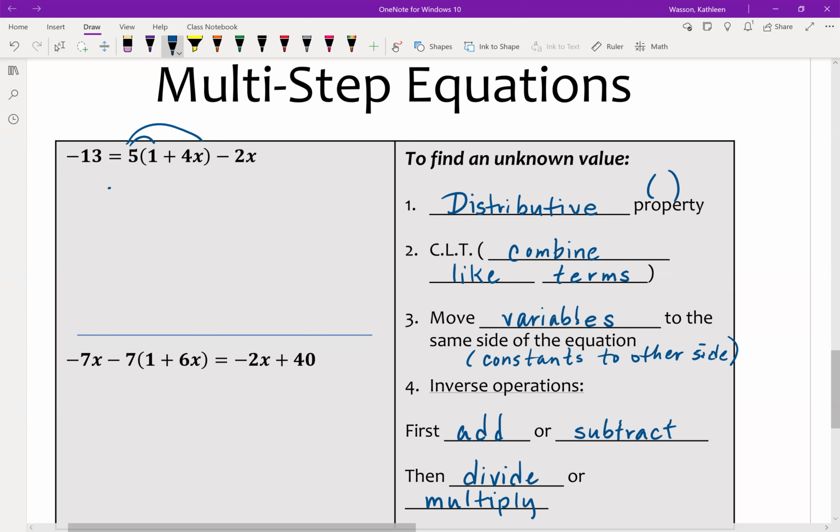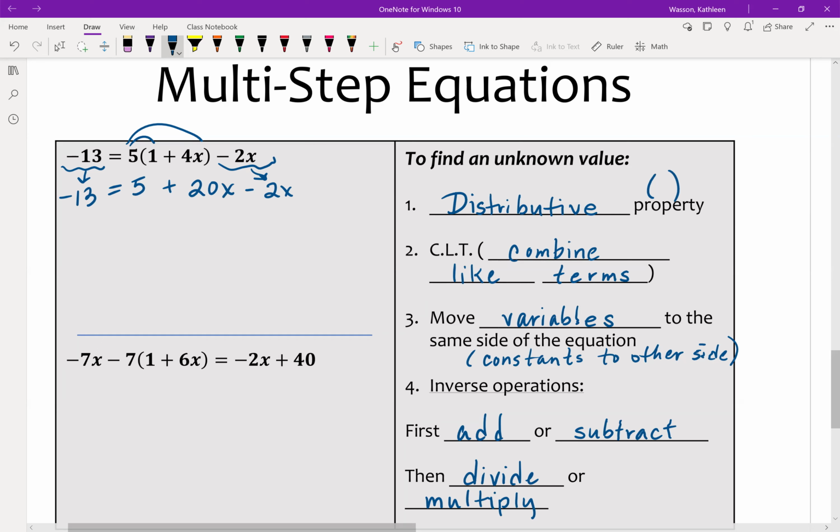So I can write this as 5 times 1, plus 5 times 4x is 20x. And then I'll subtract 2x. That's not from distributing, that was already part of the problem. I'm just bringing it down.